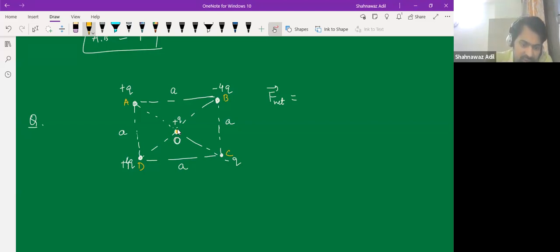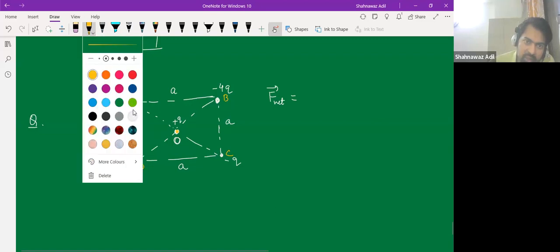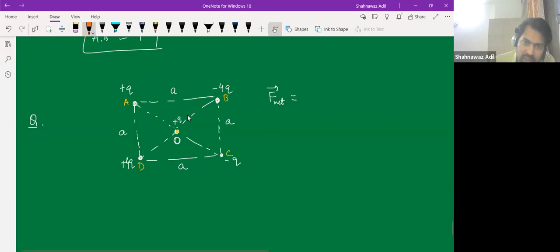So 4. Right. So there would be a Coulomb interaction between this one, this one, this one, and this one. So you have 4 individual interactions.